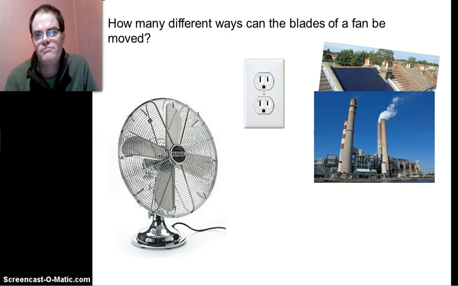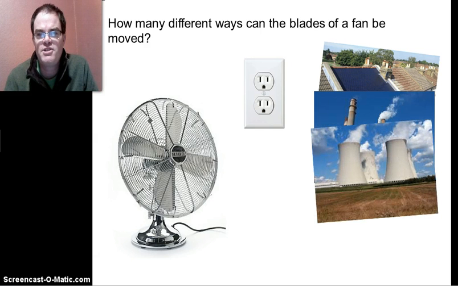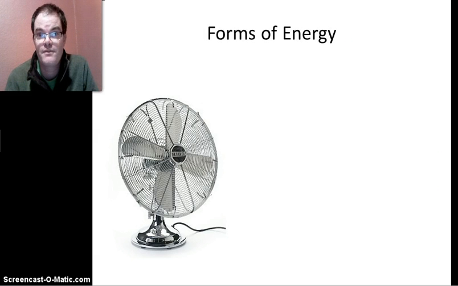Maybe it's a coal-fired power plant where they burn coal and shoot smoke out these huge smokestacks. Or maybe it's steam that's coming out instead from a nuclear power plant. All of these are ways that certainly could generate the electricity to turn those fan blades.